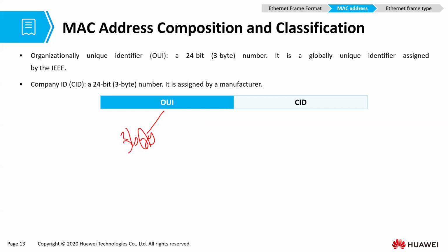So of the 6 bytes, 3 bytes are assigned to the manufacturer by the IEEE. So you can identify brands using the MAC address.